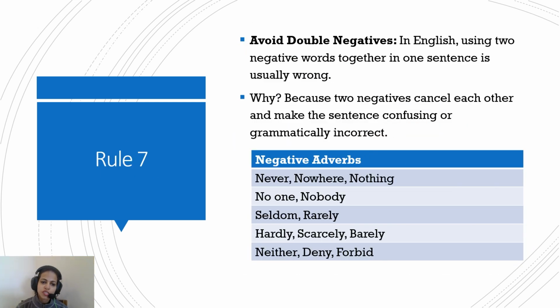Okay. Now rule 7. This rule says that one should avoid double negatives in a statement. In English, using two negative words together in one sentence is usually wrong. Why? Because two negatives cancel each other and make the sentence incorrect, and also distort its meaning. Some examples of negative words would be never, nowhere, nothing, no one, nobody, seldom, rarely, hardly, scarcely, barely, neither, deny, forbid.